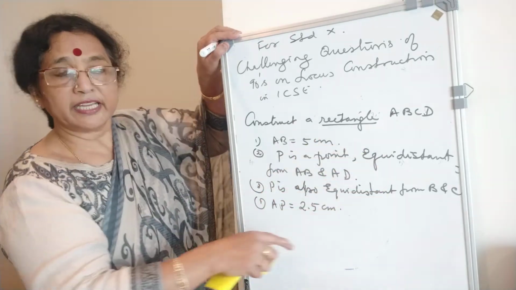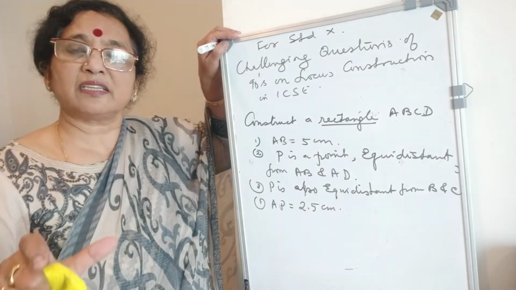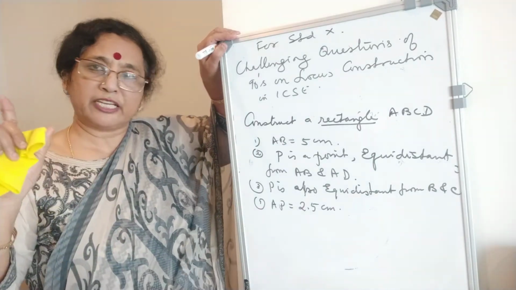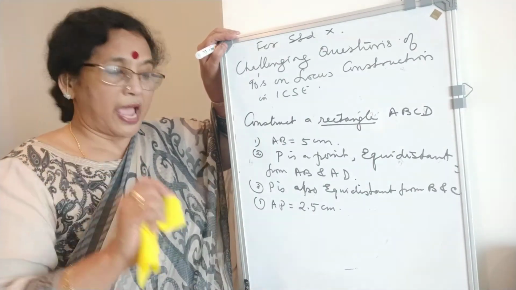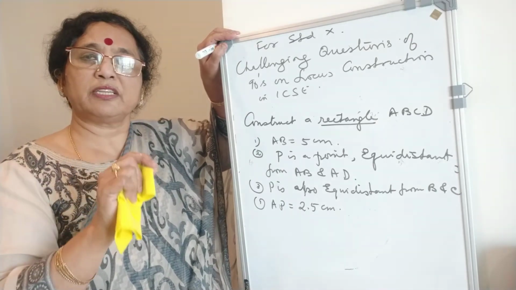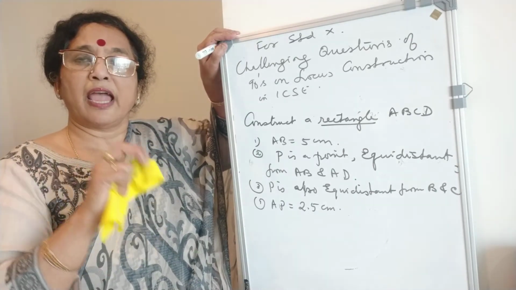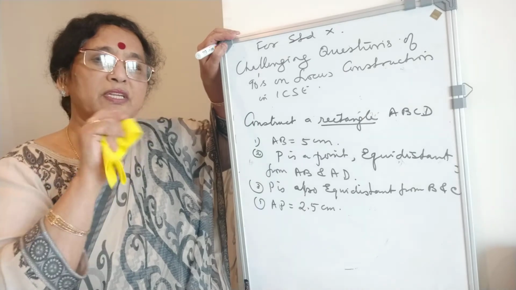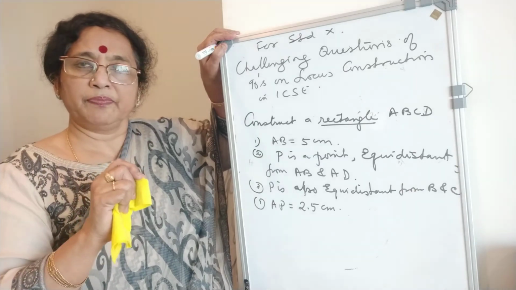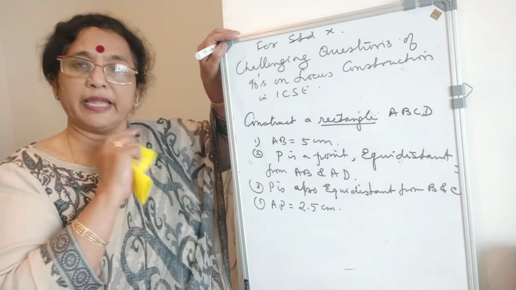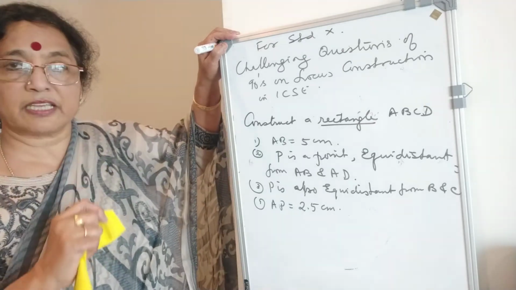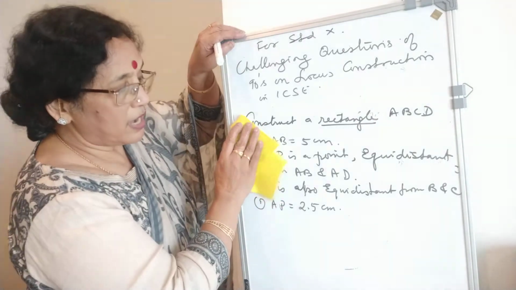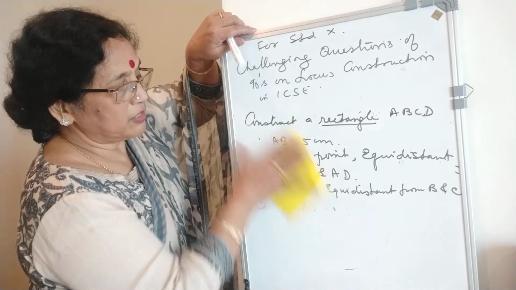So now you have the data: A, B, C, D, one side is given, and all angles are 90. P is one point which is equidistant from 2 sides of the rectangle, AB and AD, and also equidistant from 2 vertices, B and C. And AP is given.